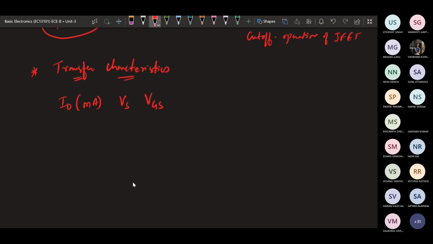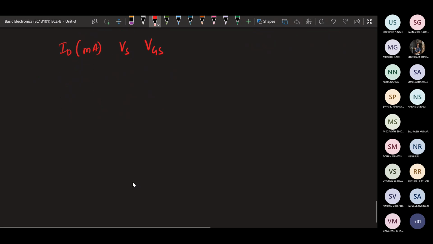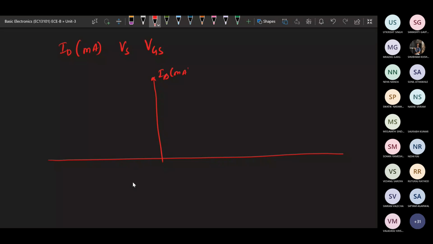So we will be plotting the transfer characteristic as ID versus VGS. The plot in the case of n channel FET will be like this. This is ID, in milliamperes. With respect to that, we will be plotting VGS, and this VGS is in the negative direction.